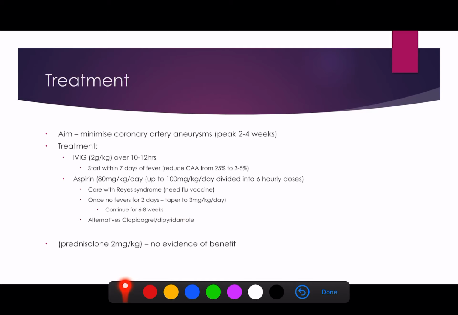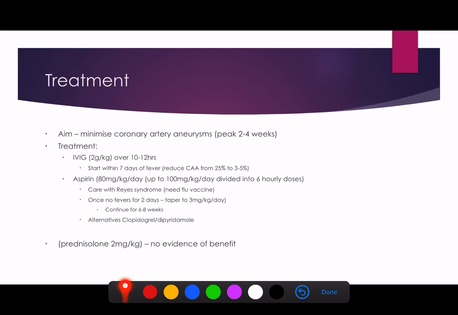Then the aspirin is tapered down once the patient has been free of fevers for at least 48 hours. And then that is continued on for 6 to 8 weeks, again to mitigate that time where patients are at highest risk of developing new coronary aneurysms.